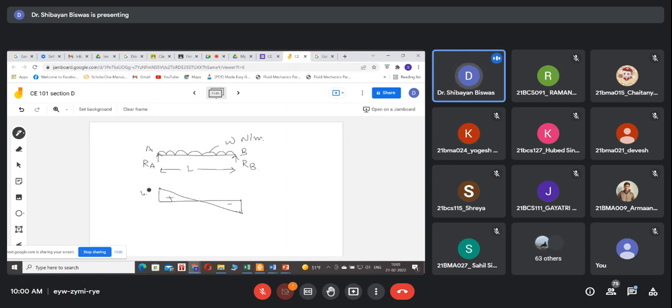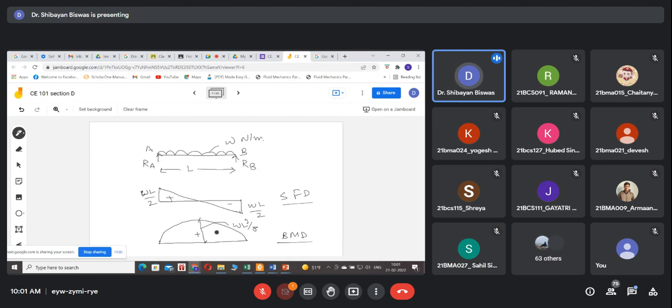Here it is WL by 2, and here it is WL by 2. This is the SFD. Remember this part, this SFD and BMD we have drawn.